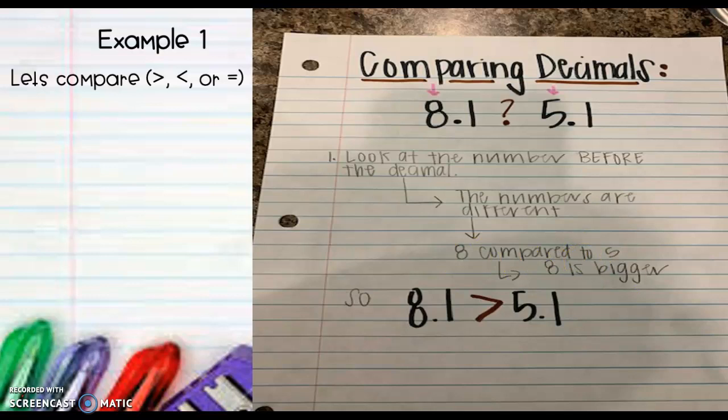I don't even have to think about it. I don't have to draw a number line because you're smart. You already know 8 is bigger than 5. There's no question in that. So I know that my first number is greater than my second. So 8.1 is greater than 5.1.